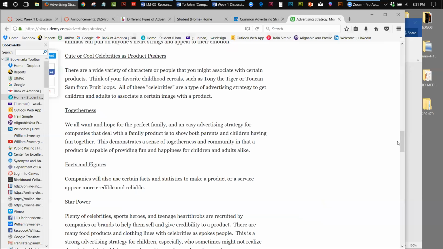And of course, don't just stop with mine. If you feel like it, go out and find yourself some more. I gave you these 3 because I looked at a bunch of them and I thought these 3 will probably be a good start. But the bottom line is think about the strategy. Here it's saying an easy advertising strategy for companies that deal with family products.